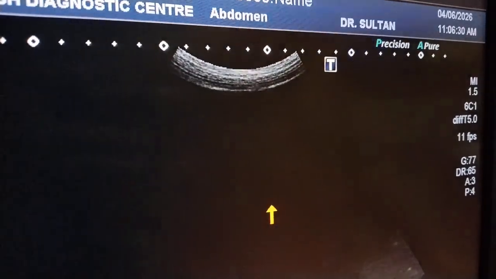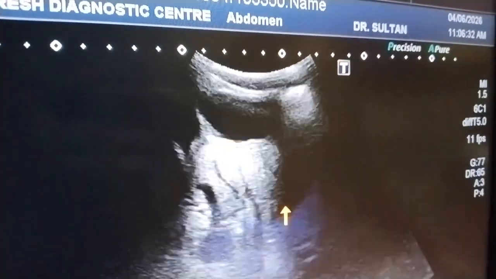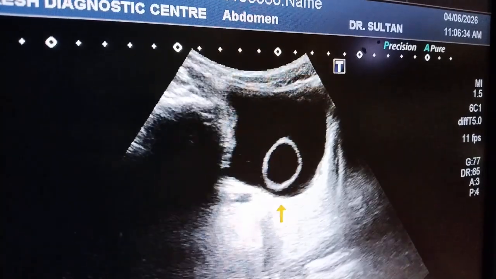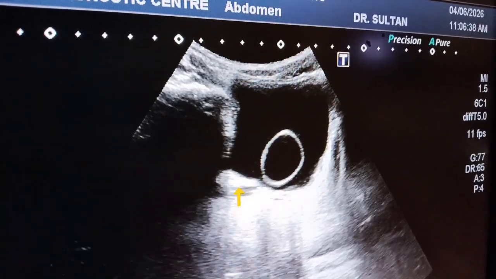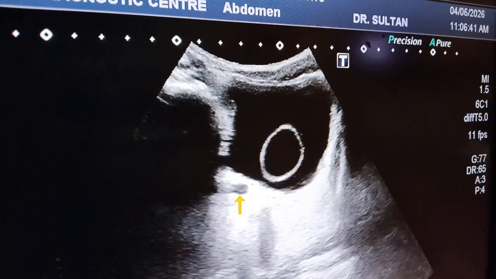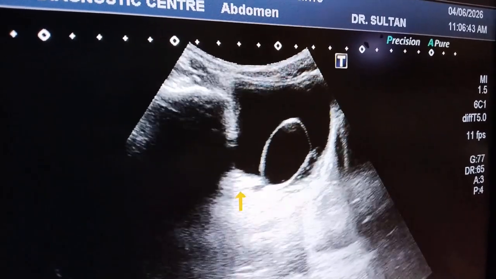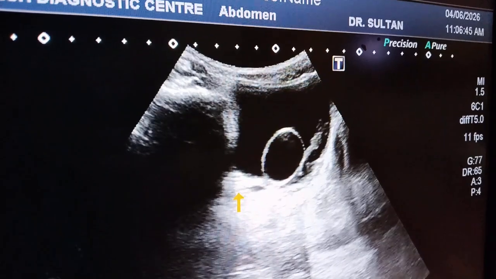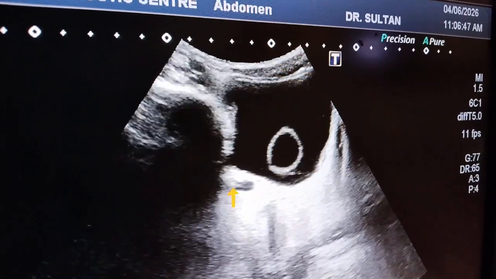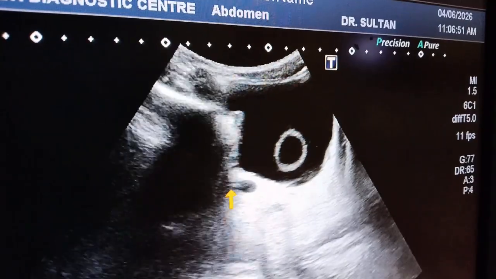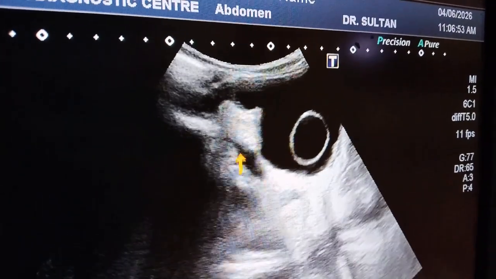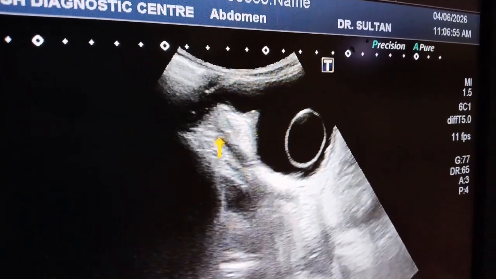When we see the ureterocele, we should also see the ureter on the same side. This is the ureter. So this ureter is showing dilatation, and now we should also see, look here, this is the ureter.